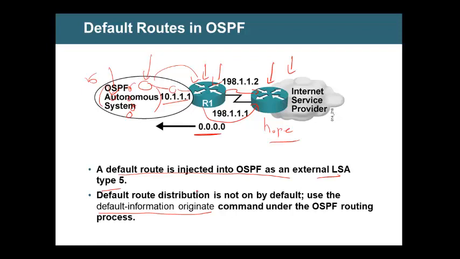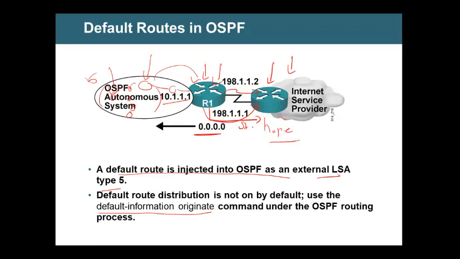But provided you have a static default route towards ISP. Please pay attention, very important. If you have a static default route towards ISP, then this command default information originate will dynamically send the default route information to every router.